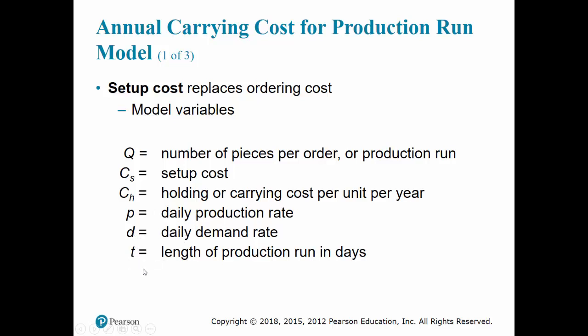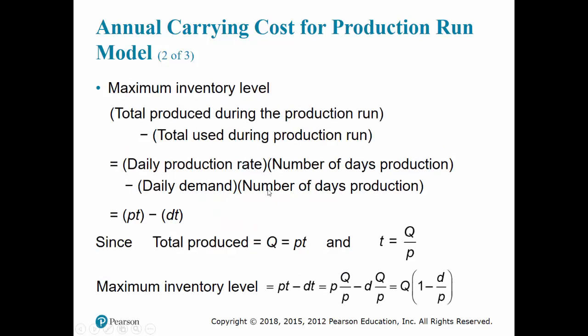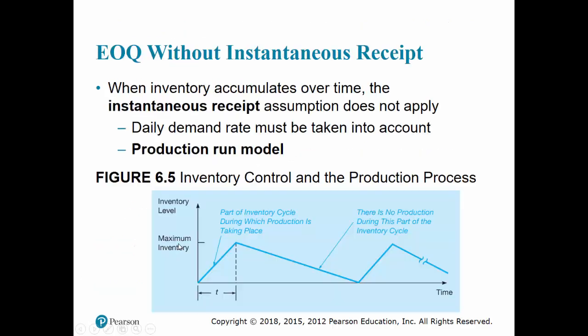They both must be in the same time unit, the week or month or whatever. And then T, let's say, is the length of the production run. Now we have to figure out what the maximum inventory level will be. We know that the inventory will rise at the rate of P minus D per time unit, and if we can figure out how long it will rise, then we can multiply by that time period, and that will be our maximum inventory.